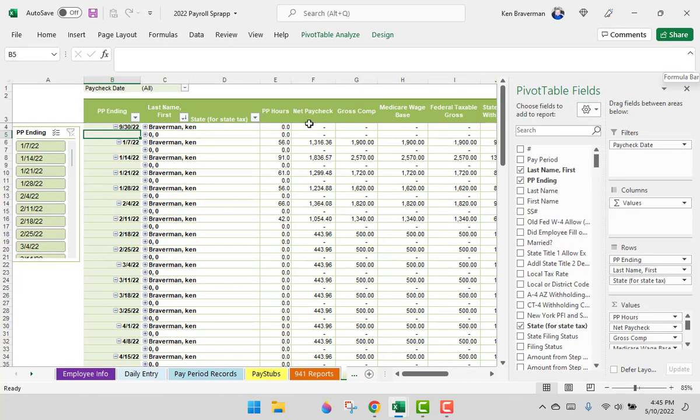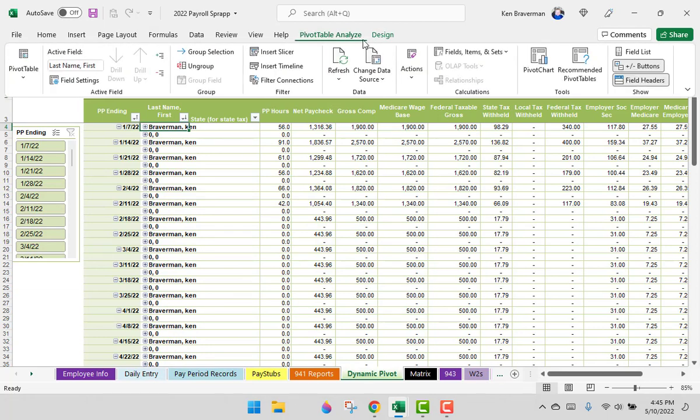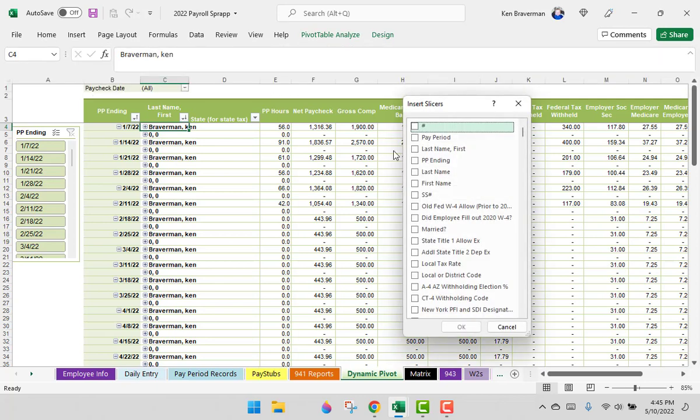So it's basically anything you can do with that. I'm kind of sorting things out right now to show you how that works. You can add slicers for quarter, for example. So I'm going to just add a slicer for the quarter because quarter is already an option here.